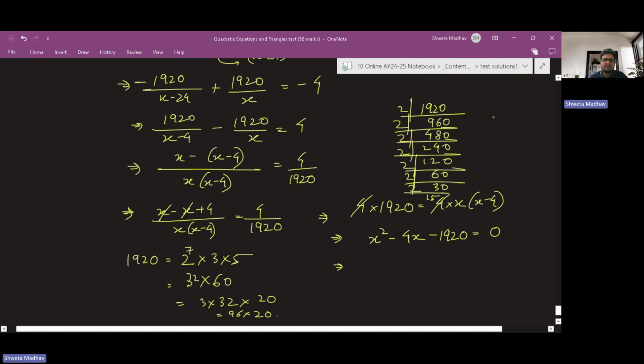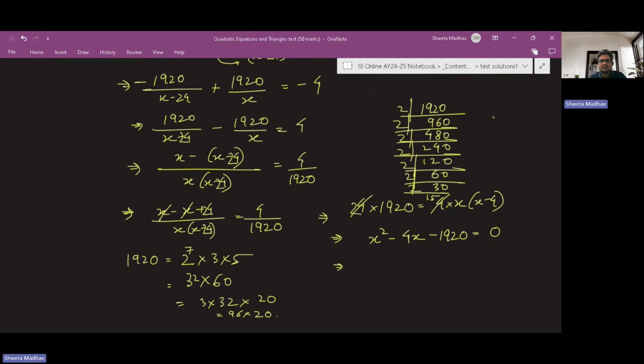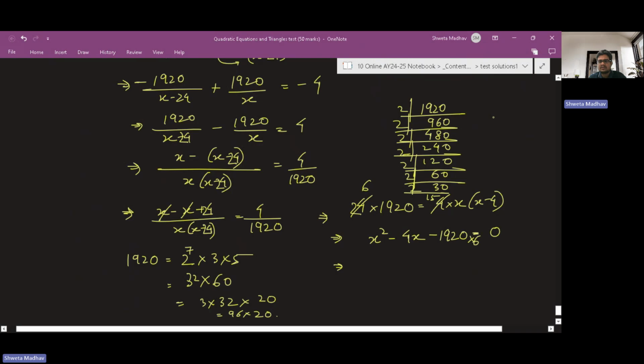Sorry, here this should be 24, not 4. This should be 24. So 4 6s are 24. So this will be 6 into this, 6 I have to do.